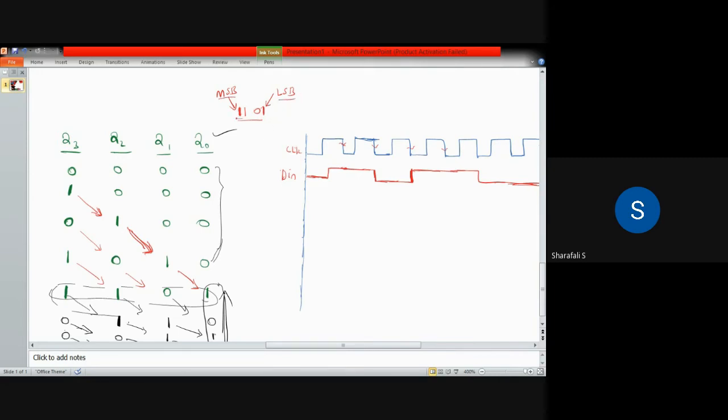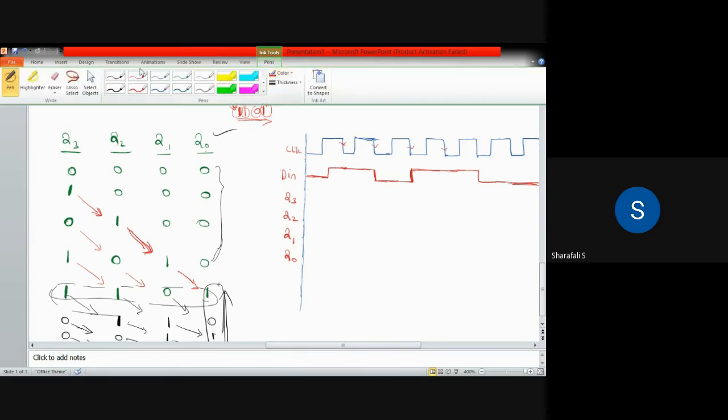So it will go like this: first this one will enter, then 0, then 1, then this one. And we have to take the values Q3, Q2, Q1, Q0 as we discussed. So we have to consider Q3, Q2, Q1 and Q0.